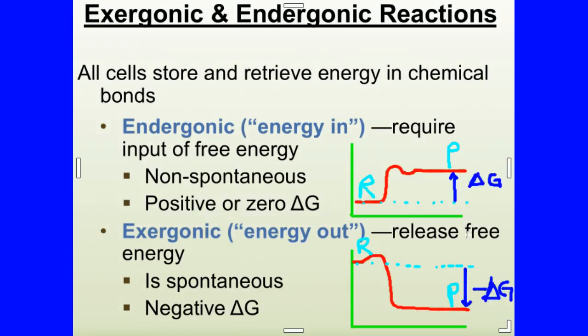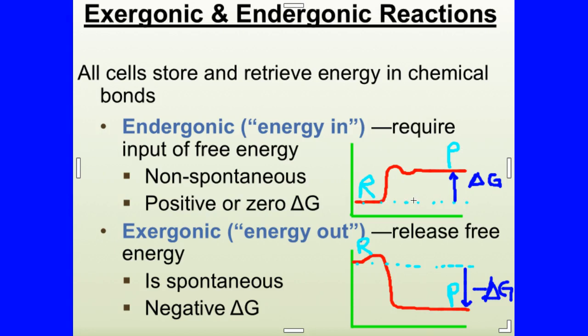So the top graph right here is an endergonic reaction. Basically, there's an input of energy. Here's your reactant, what you started off with at the very beginning. Remember, with the last slide, we had hydrogen and oxygen molecules. Then there had to have been an input of energy here, and that resulted in our product having a higher delta G, or free energy, than our reactant.